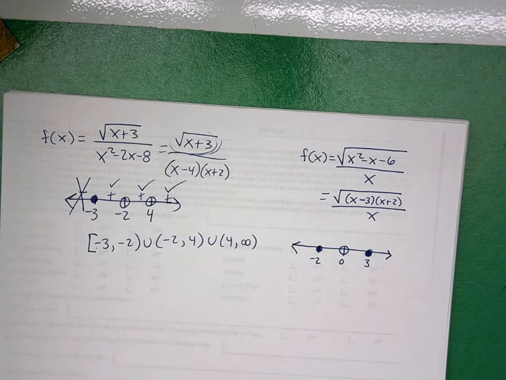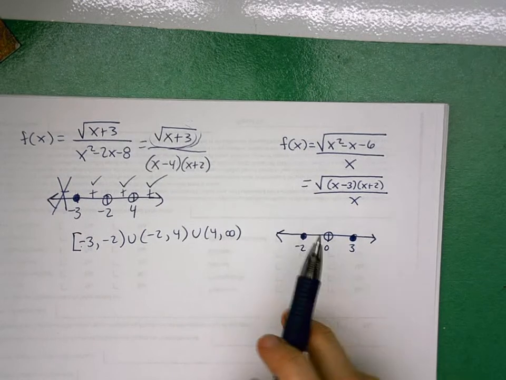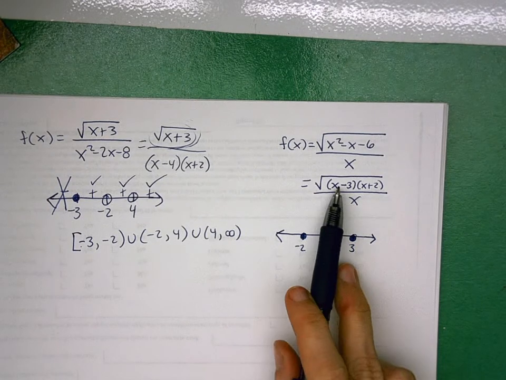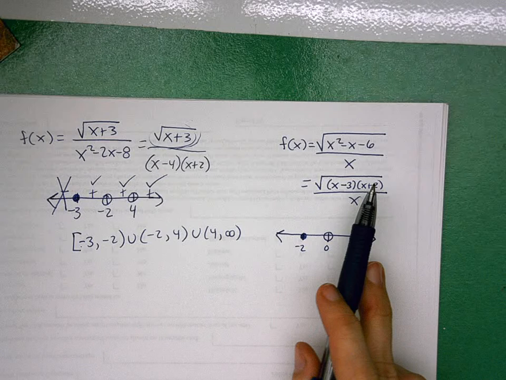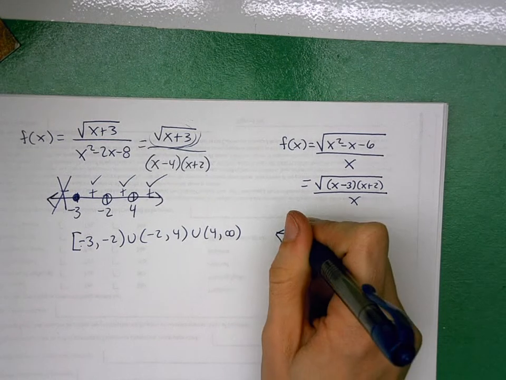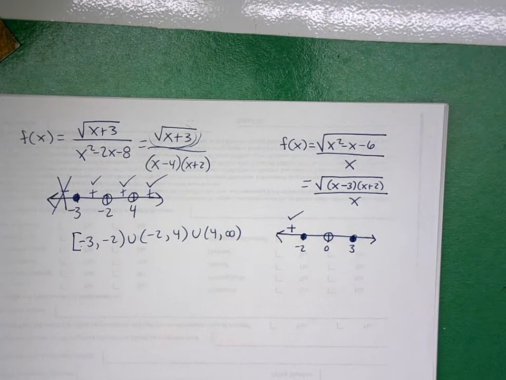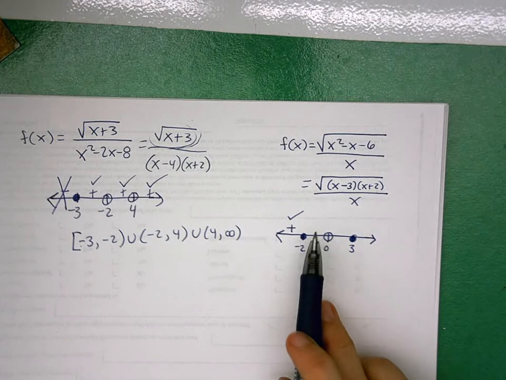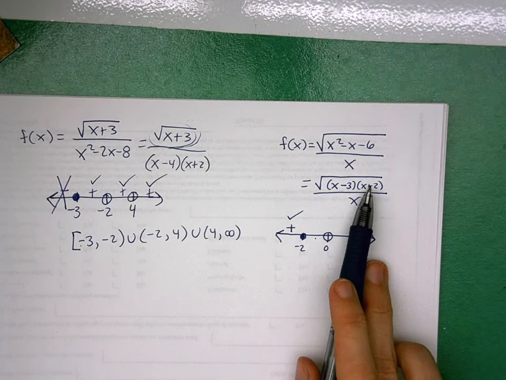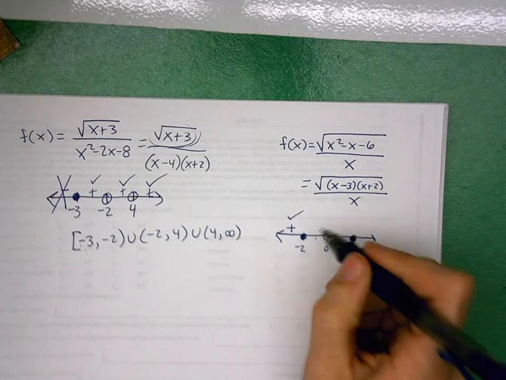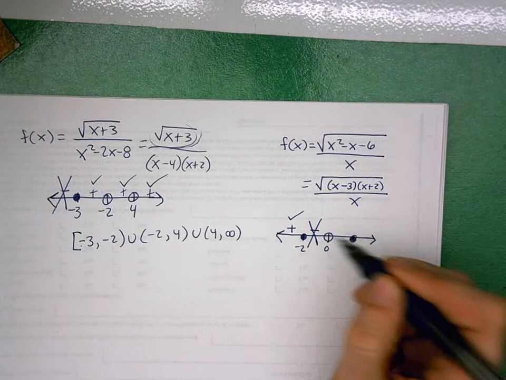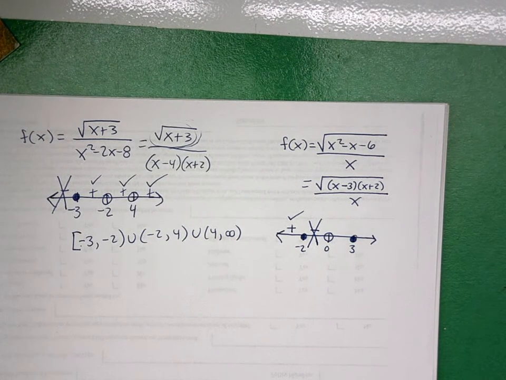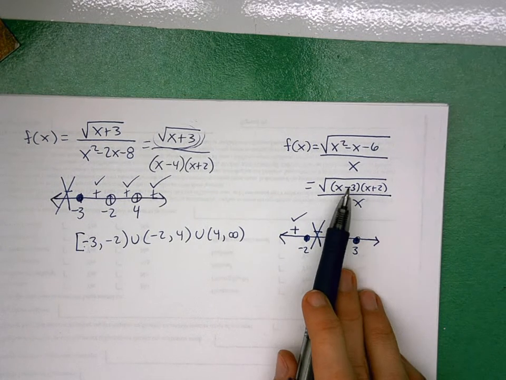Testing my square root, if I plugged in, say, negative 5, I get negative times a negative, which is a positive. Square roots can be positive. I like that region. When I plug in, say, negative 1, I get a negative times a positive. Whoop, that's an issue. That's outside my bounds. When I plug in, say, 1, I get a negative times a positive, also an issue.